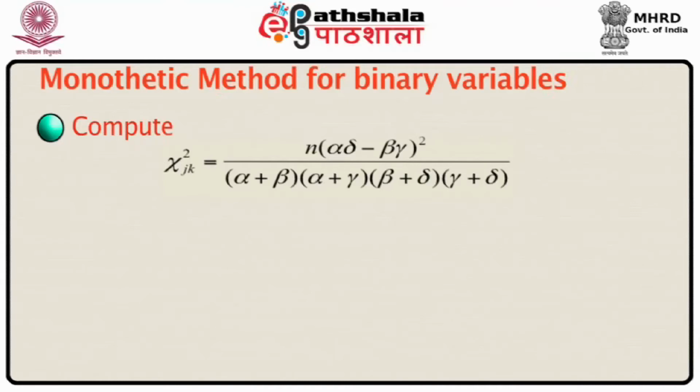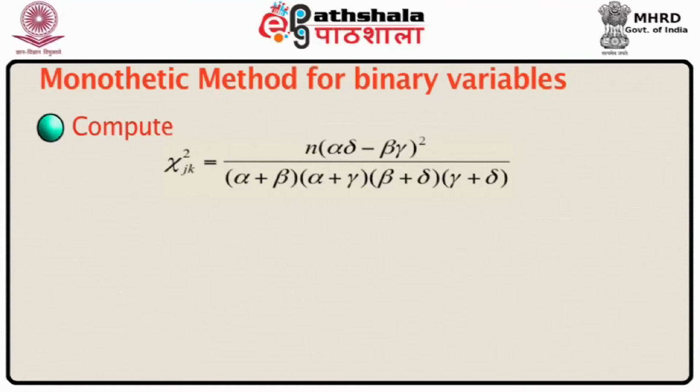So alpha plus beta is the number of individuals who have the characteristic j, and similarly for the others. The denominator acts as a norming factor, so we are more concerned with the numerator.